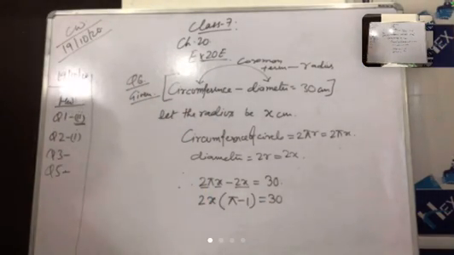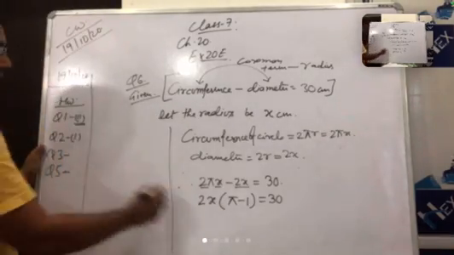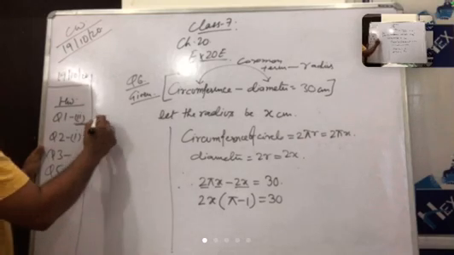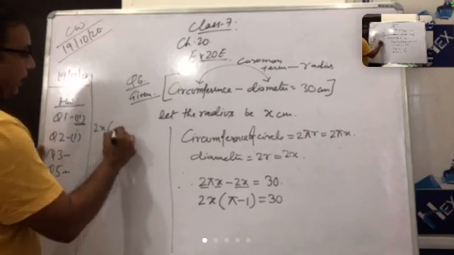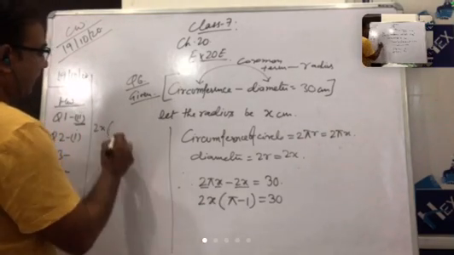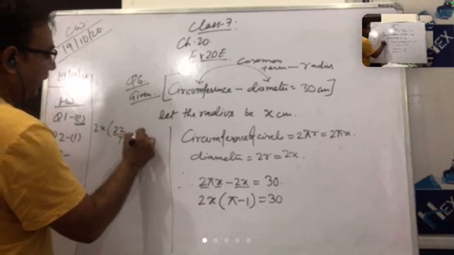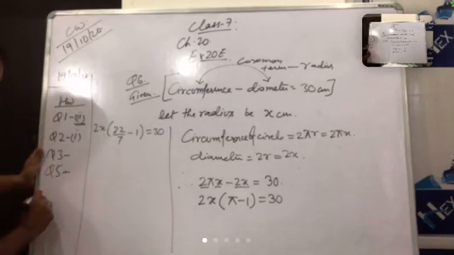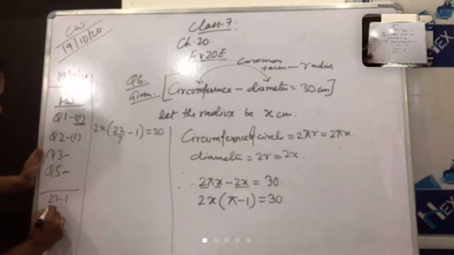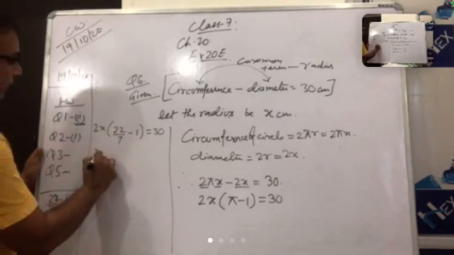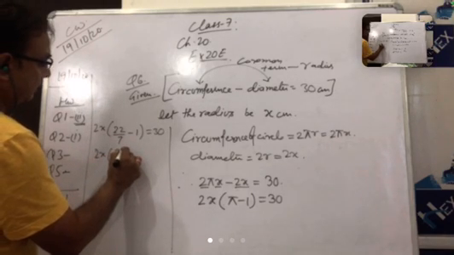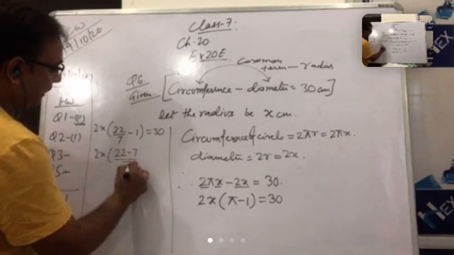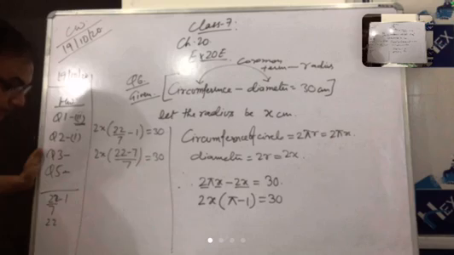Clear? Now 2x bracket, we know that the value of pi is 22 upon 7, minus 1, which is equal to 30. So 22 upon 7 minus 1, it will be 22 minus 7 upon 7, which is equal to 30.